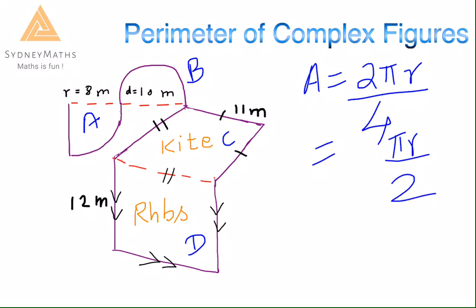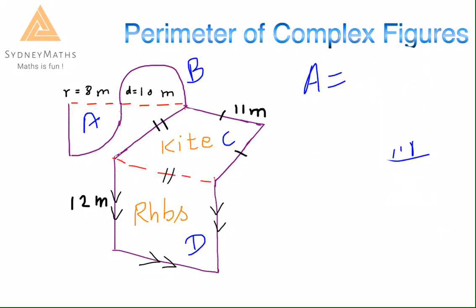And in this particular case, r is equal to 8 meters. So when we multiply pi into 8 meters divided by 2, we get 12.56. So the circumference of part A is 12.56 meters.